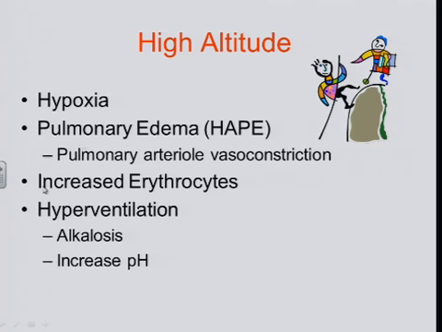However, in response to long-term hypoxia, we increase the number of red blood cells and the amount of hemoglobin. Your typical response to hypoxia is to hyperventilate. If you hyperventilate, you create an alkalosis and an increase in pH. So don't forget that there are responses to a variety of different environmental conditions, which also alter our regulatory controls.